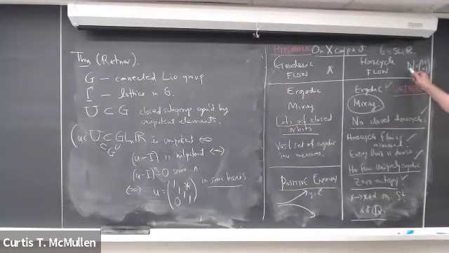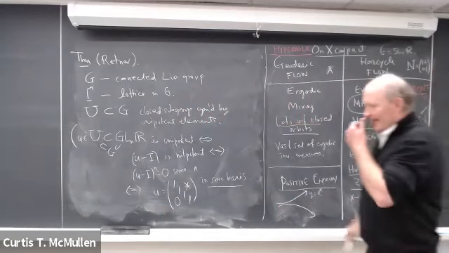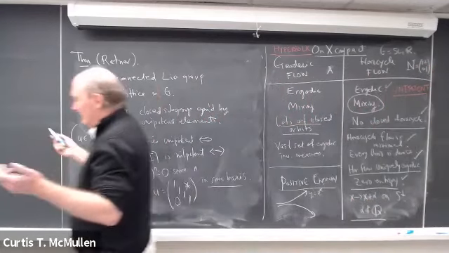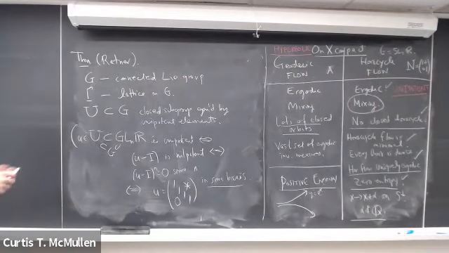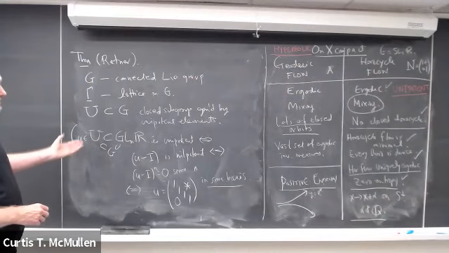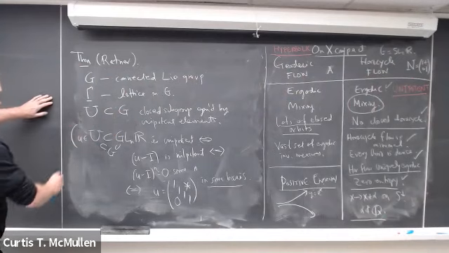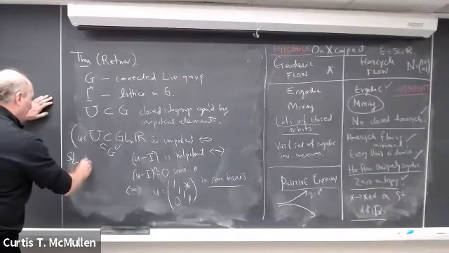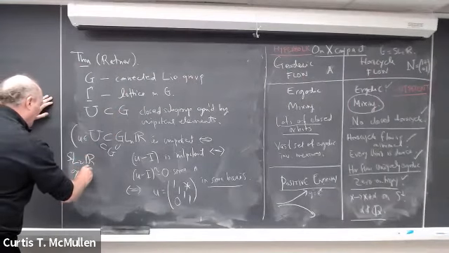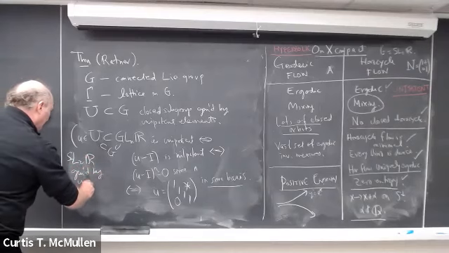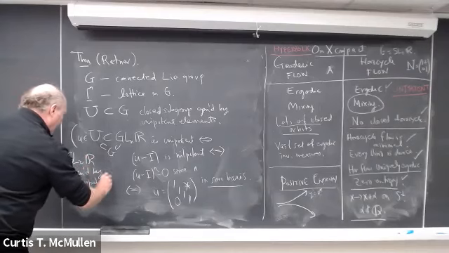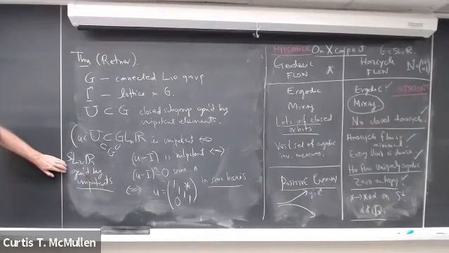And so, for example, all the elements of N are unipotent, and so N itself is obviously generated by unipotents, because every element is unipotent. However, there are other groups that are generated by unipotents. For example, SL2R is generated by unipotents, even though it has lots of elements that are not unipotent, like diagonal elements.